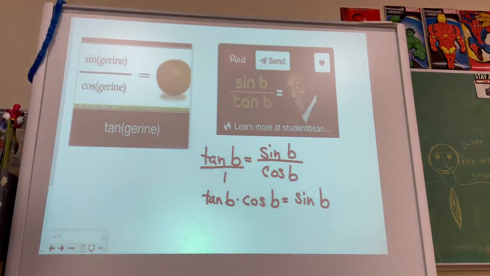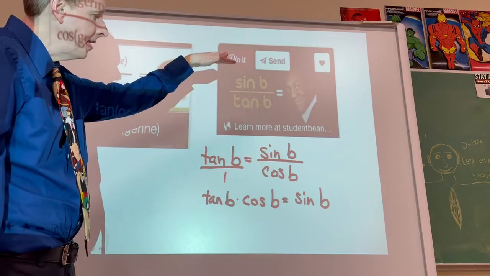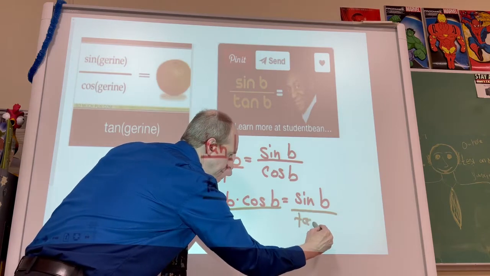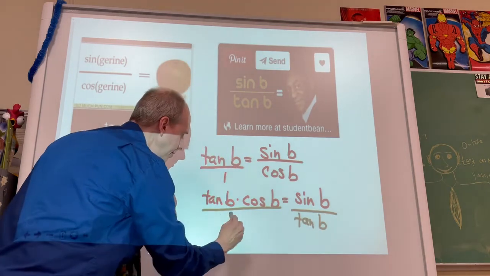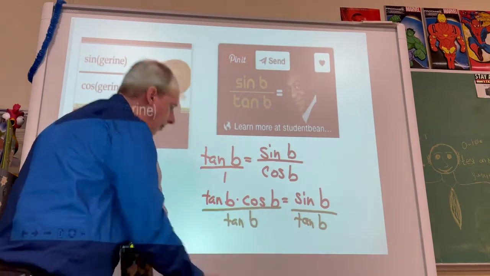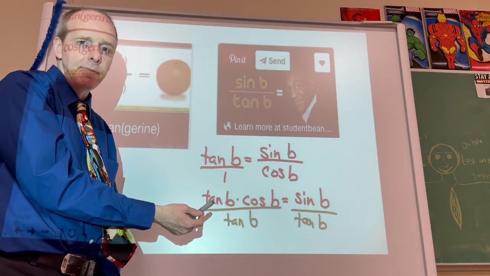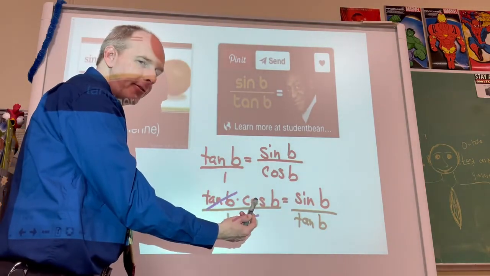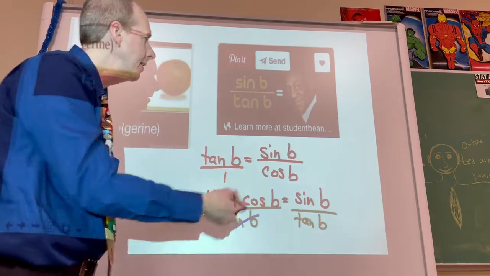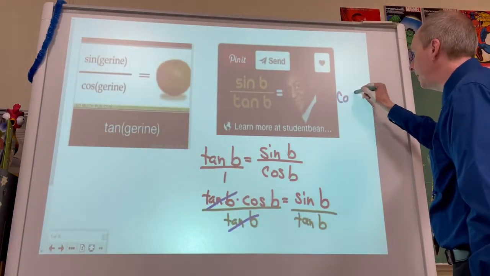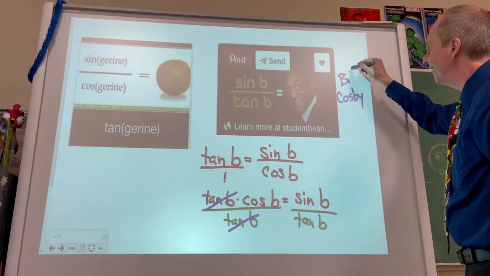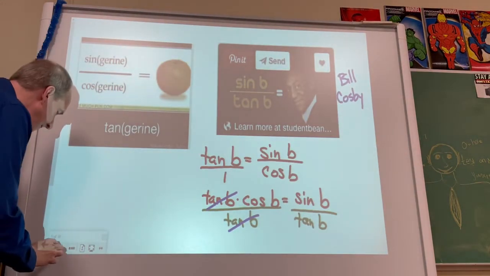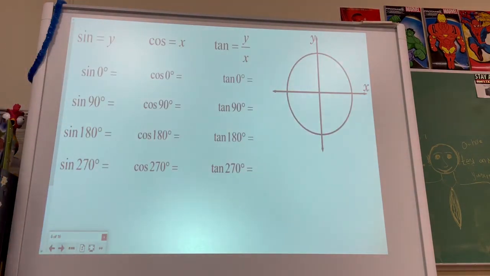And now I could divide both sides by tangent because I'm looking for sine divided by tangent. There's my sine divided by tangent. Here's my tangent of b. And what do you notice about tangent of b divided by tangent of b? They do cancel. So sine of b divided by tangent of b is equal to cos b. This is Bill Cosby. It's math humor. It's better than no humor at all. Oh my goodness, no joke.